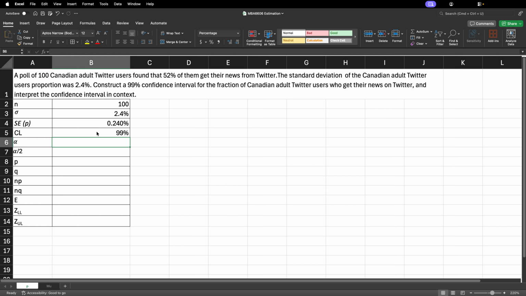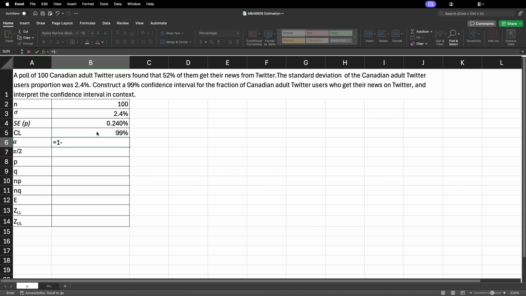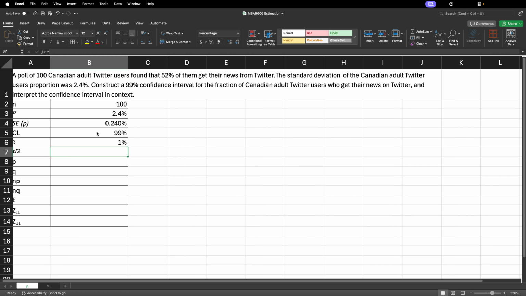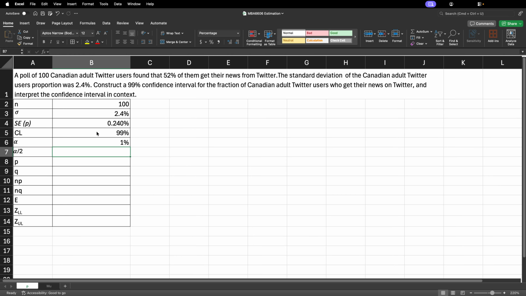The significance level is 1 minus 99%, which is often referred to as alpha, or the size of the test. Now this 1% will be split on either side of the tail. So 99% will be in the center, 0.5% in the left tail, and 0.5% in the other tail. So we will compute alpha divided by 2.